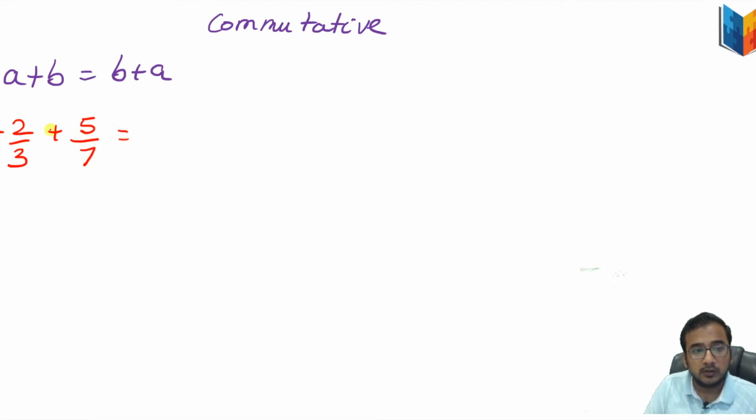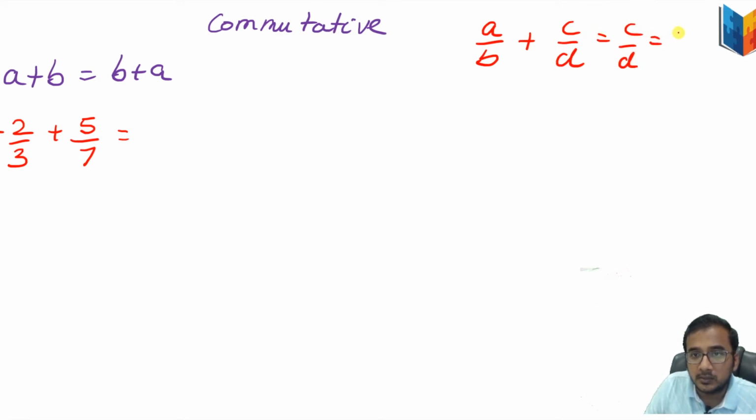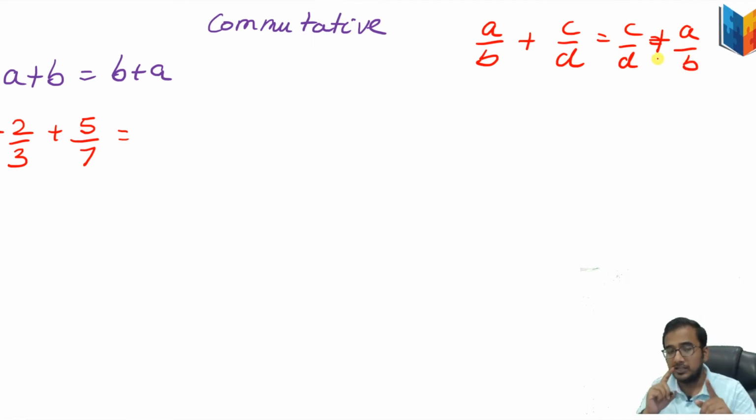You can take a by b plus c by d is equals to c by d plus a by b. So this should be the form for addition.